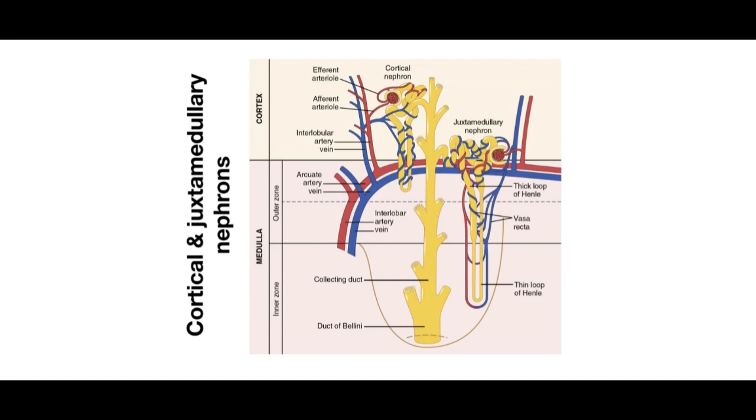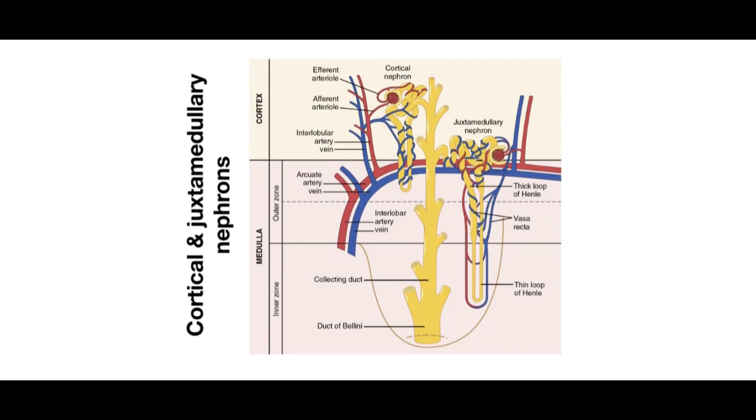Okay, so if 85% of your nephrons are cortical nephrons, and all of your juxtamedullary nephrons also have their glomeruli going into the cortical region, that means that 90% of all blood flow goes into the cortical region. Most of that blood flow is going to enter into those superficial or cortical nephrons.